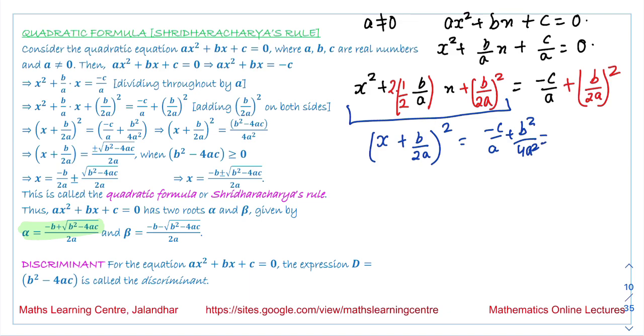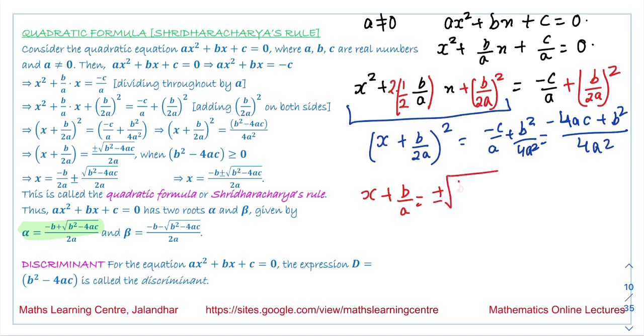Now by taking the LCM, 4a square is the LCM, so it is minus 4ac plus b square.